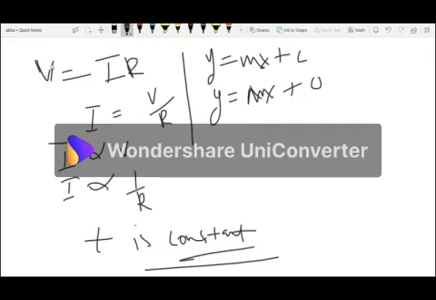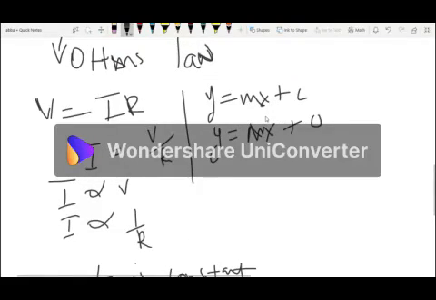Now V becomes your y value, then R becomes your gradient, then your I becomes your x, your input value. So this one is constant, this one can change, and this one is determined using this one.